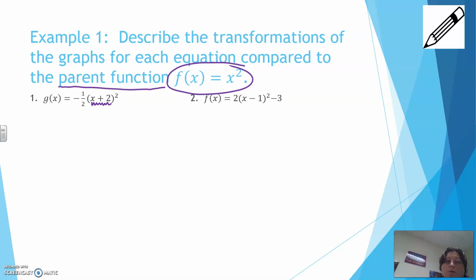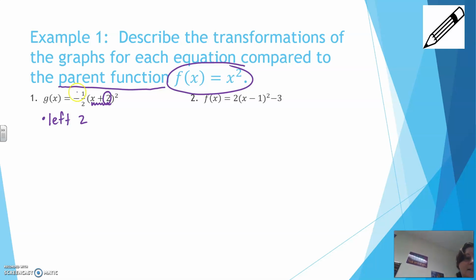You'll recall from the notes section that anytime there's something grouped with the x, it's going to shift it horizontally or left and right, but it's the opposite of what you would think, because technically this is x minus h squared. So h is technically a negative 2. So this plus 2 is actually going to shift the graph or translate the graph left 2. And again, if we're shifting left, right, up, and down, that's called a translation.